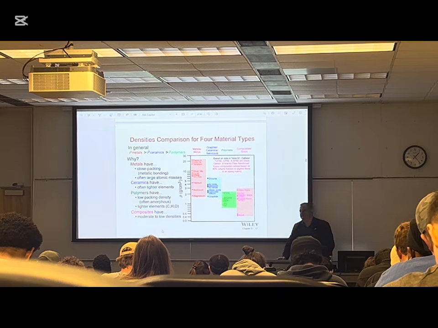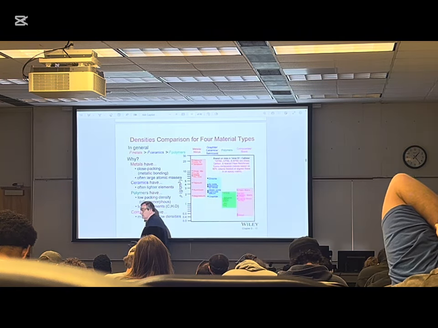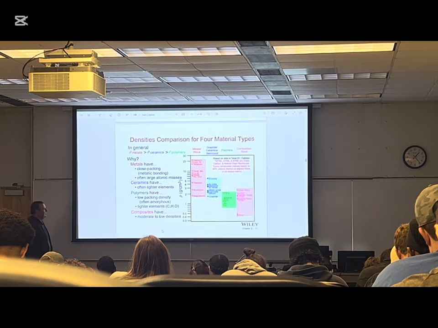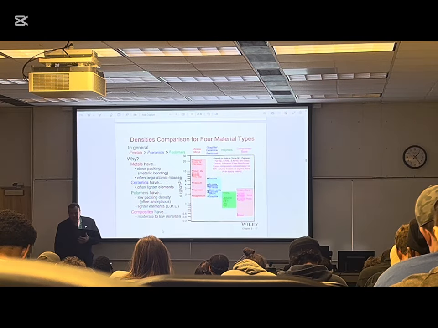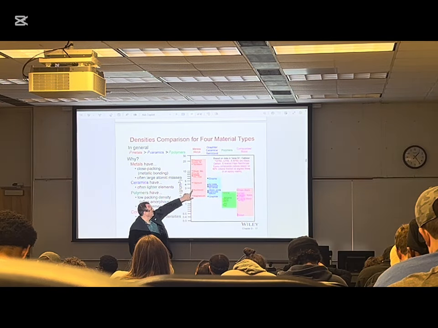And the reason I tell you this is because sometimes you're going to have the data that's presented to you in this way, and a common problem for a student would be to try to figure out what is the density of aluminum.